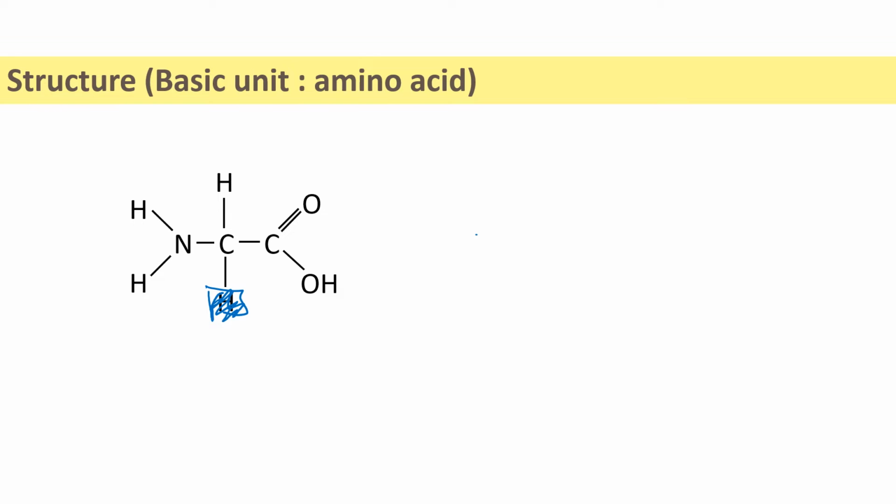I'll first consider the central carbon here. That is the carbon here. And I see that there are 4 structures linked to this carbon. On one side is the side that is so special because it contains the nitrogen. So pause whenever you want.